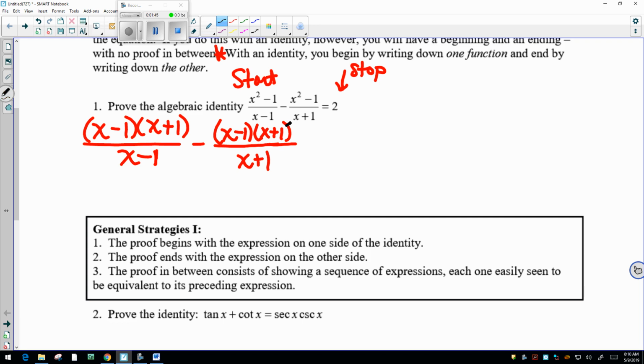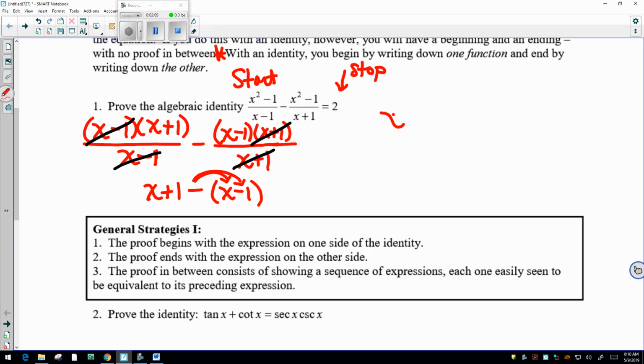So I'm able to reduce out the x plus 1 in the second fraction, and I'm able to reduce out an x minus 1 in our first fraction. What I'm left with from our first one is just x plus 1. And from our second fraction, I have minus, so watch your signs, x minus 1, because keep in mind, this is telling us I need to subtract both the x and that negative 1.